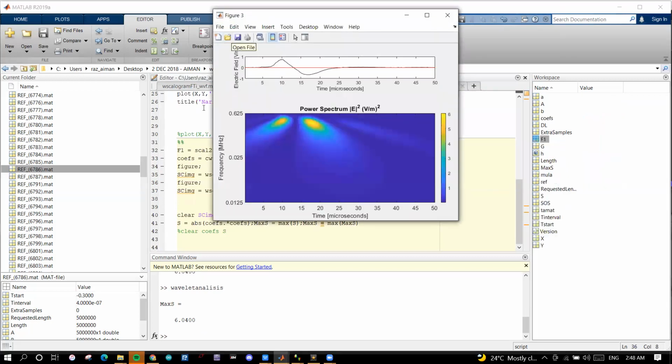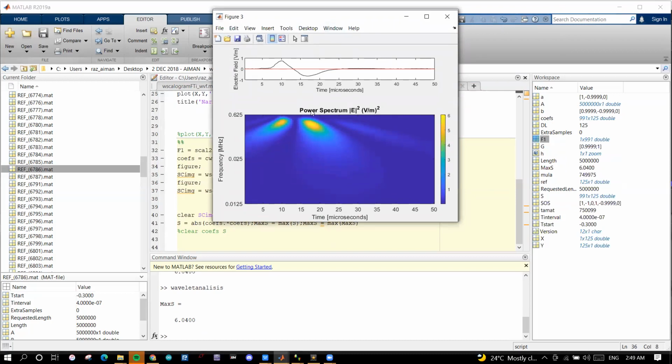Okay, so by running the full code, as you can see here, I have this one picture showing me the time domain picture and also the frequency domain picture. So what I want in wavelet analysis is the spread region, the spectral region, and the maximum power spectrum.